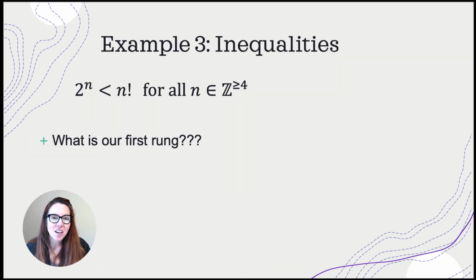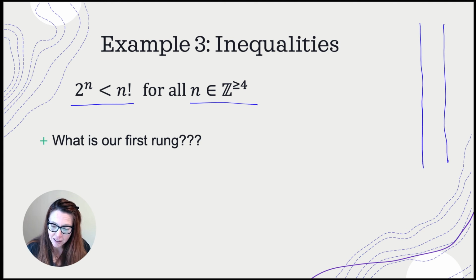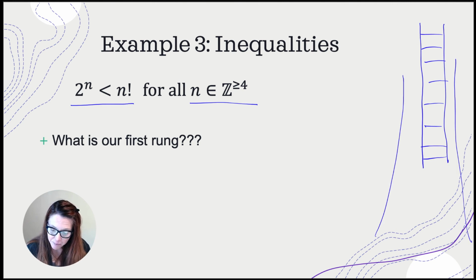Okay, so let's take a look at another example where we look at inequalities. And so here's an inequality that holds for n in Z greater than or equal to 4. So if we think about our ladder to the sky, if this is heading up into a tree house at the top, this first rung is at 4, and you start climbing from there.